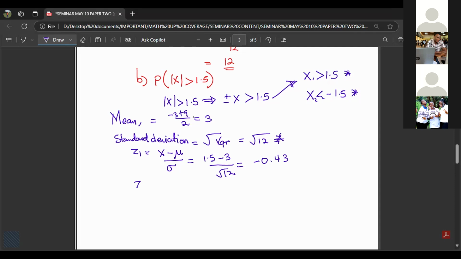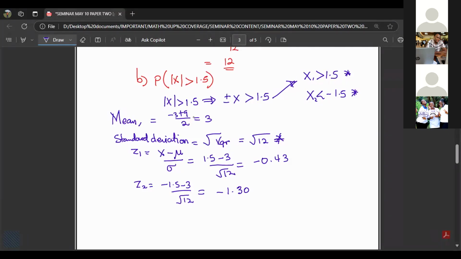Then Z2 would be negative 1.5 minus 3 over root 12, and that is going to give us negative 1.30. So we are now going to check this from our logbooks.